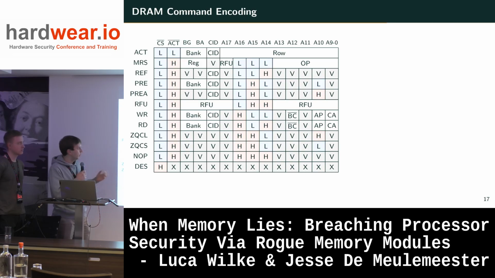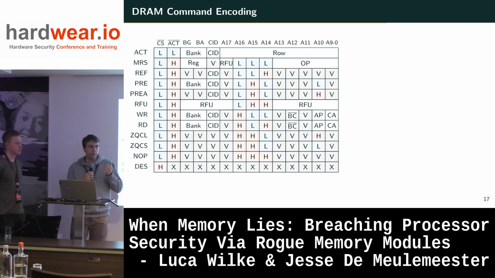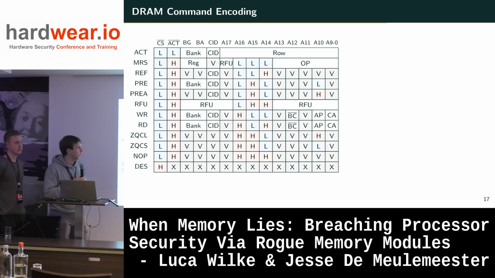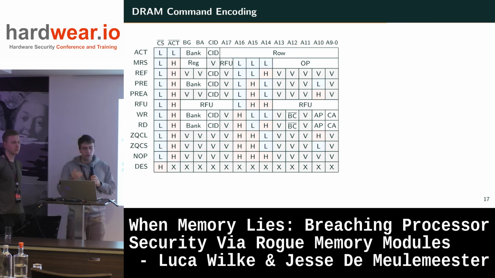So this is a command encoding for DDR4. On the rows, you see the different commands that the CPU will send, such as an activate command or a read or write command. And then the columns are the physical pins that connect the CPU and the DRAM. So you have 18 address pins and then some other pins like chip select and activate. Basically the value of these pins defines the commands. Most pins depend on the actual command that is being sent.